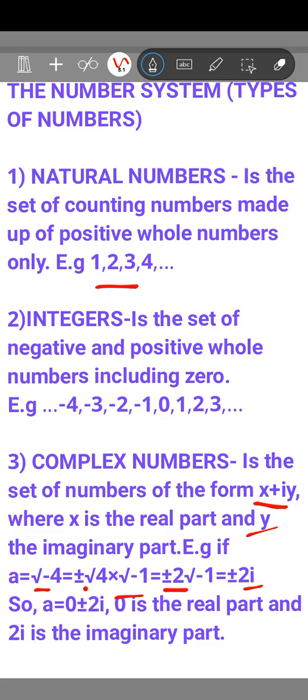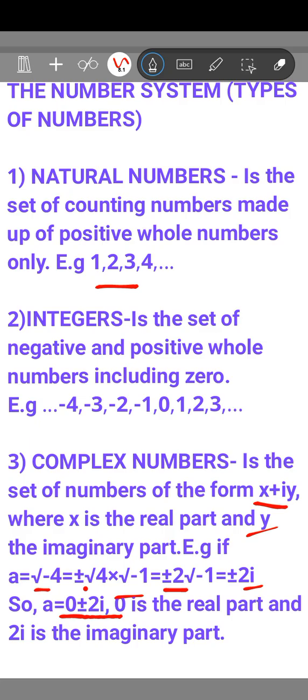So if we want to represent this number a equals square root of minus 4 in the complex number system, we say a is equal to 0 plus or minus 2i. 2i is the imaginary part we just got. Now this number has no real part. That's why we assign a value to it, 0, to show that there's 0 real part. So this is how the set of complex numbers looks like.